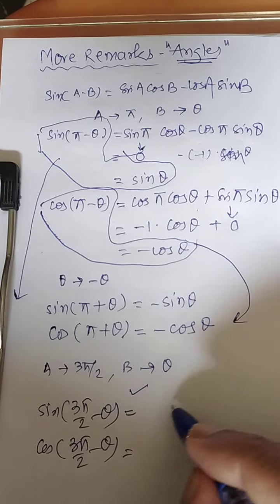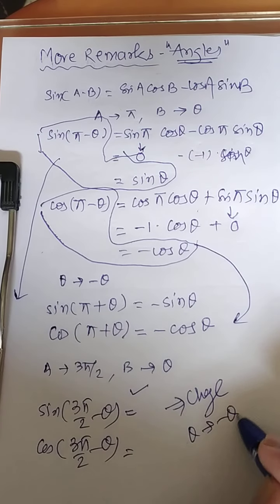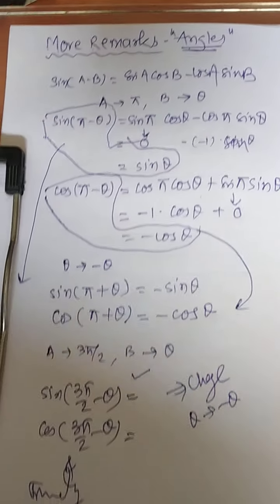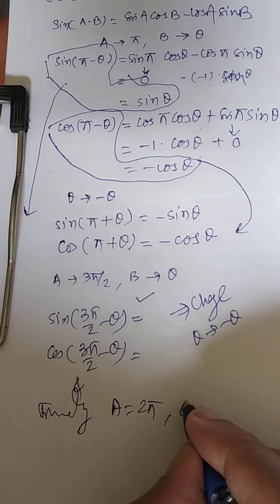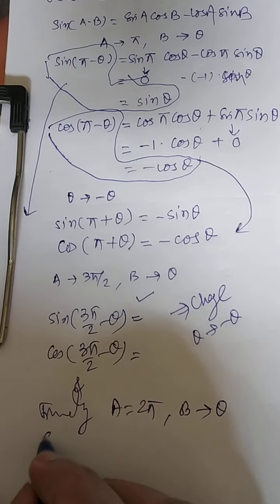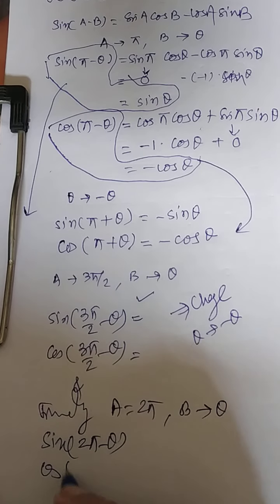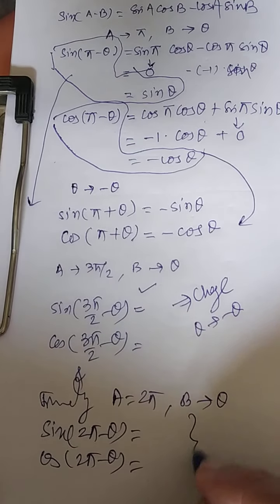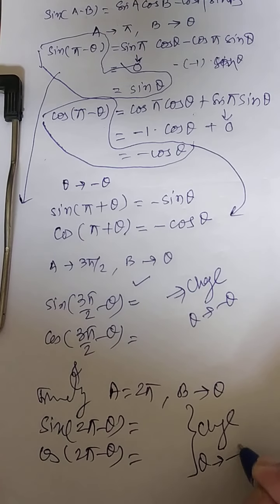Then change theta to minus theta, and finally change a to 2 pi and b to theta to get the formulas for sin of 2 pi minus theta and cos of 2 pi minus theta. Once you are getting this, thereafter change again theta to minus theta.